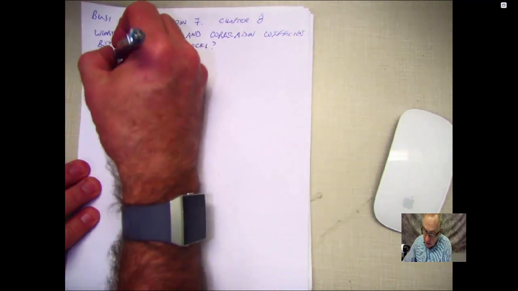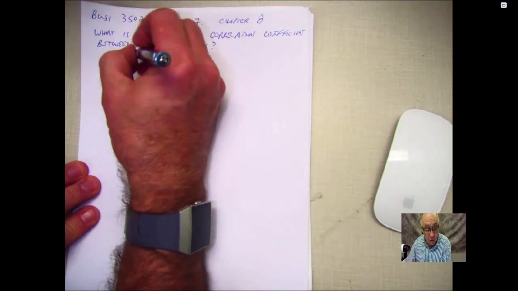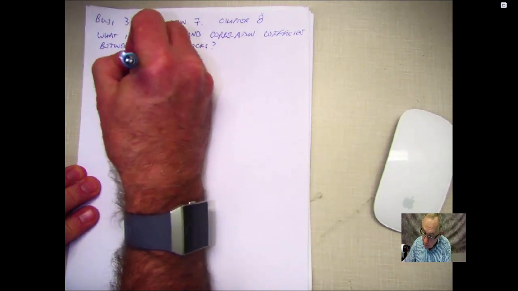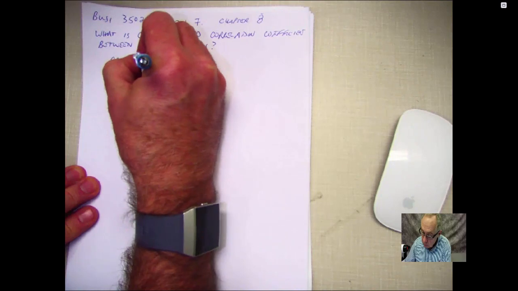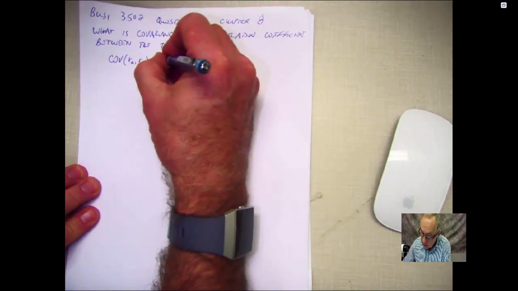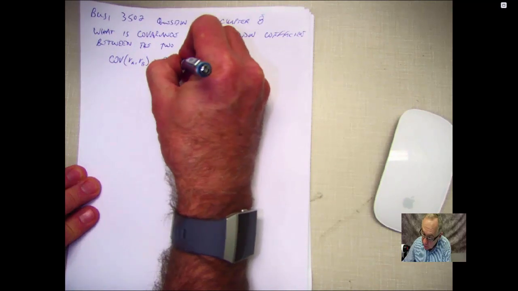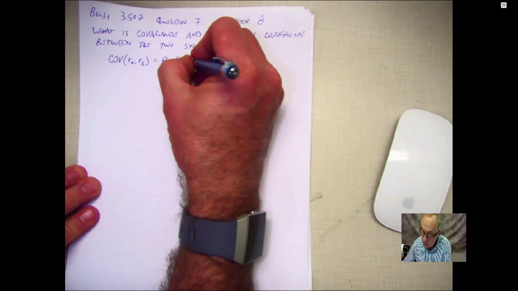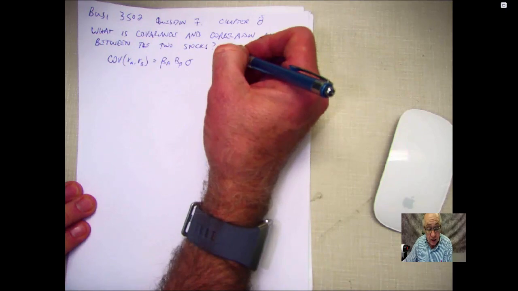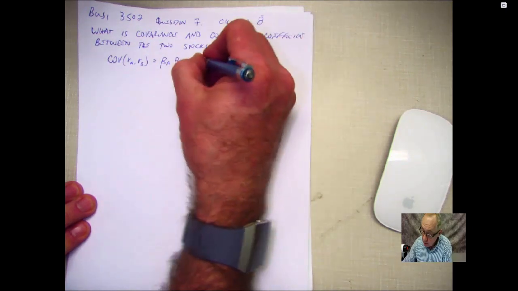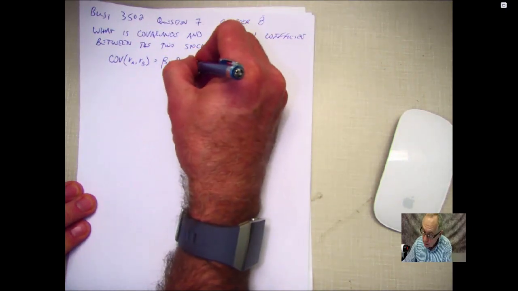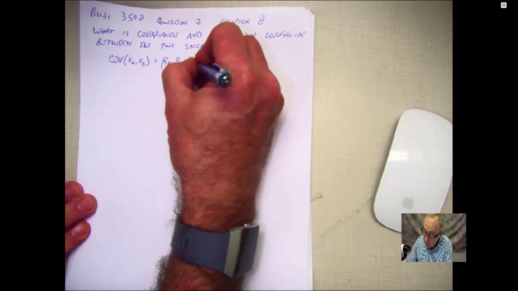For this, we're going to use our formula for covariance, which is beta A times beta B times the standard deviation for the market.